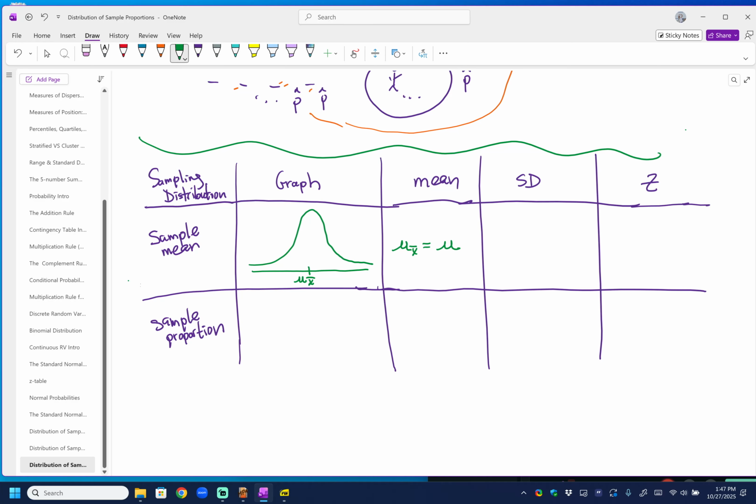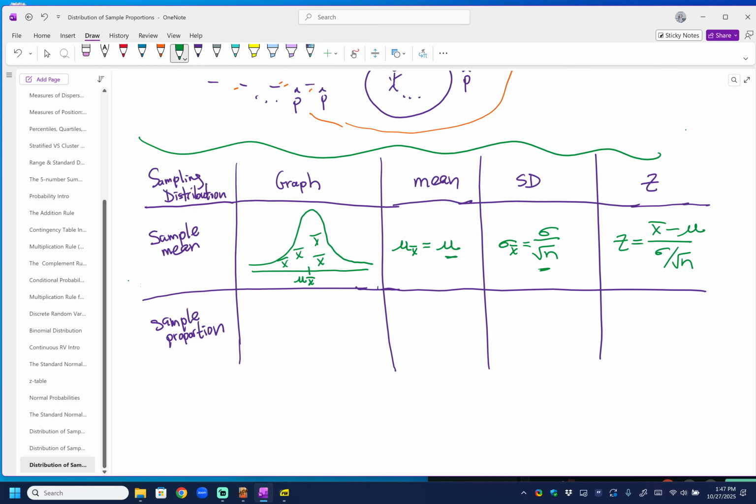The standard deviation of our sampling distribution of the sample mean was equal to the population standard deviation divided by root n. And then our z value was taking an x bar. Remember that this distribution is filled with x bars, the sample means. So we subtracted our mean and we divided by our standard deviation for our distribution in order to standardize.